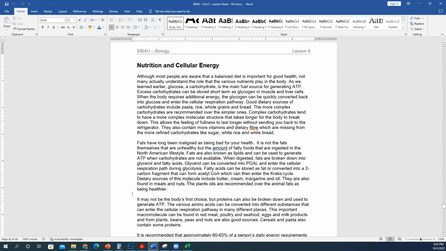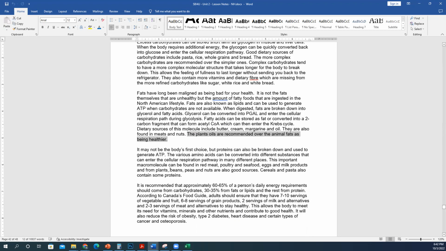And typically, plant oils are generally recommended over animal fats as being healthier. So although fat may not be the body's first choice, being the carbohydrate, fat also does get converted into producing energy.